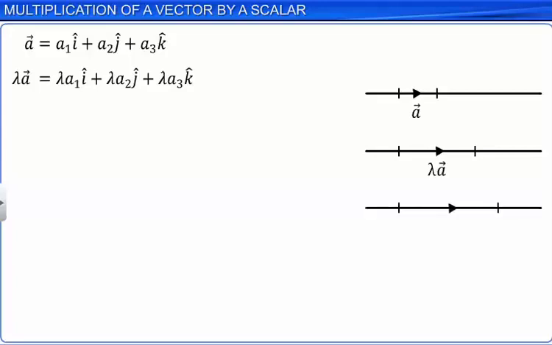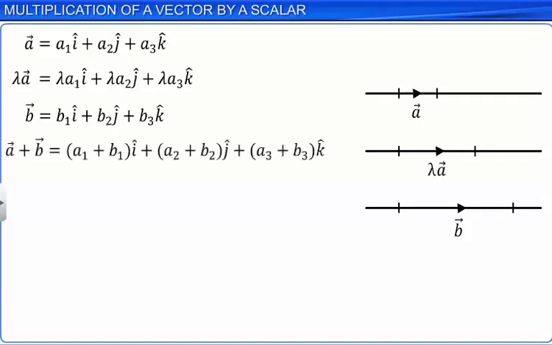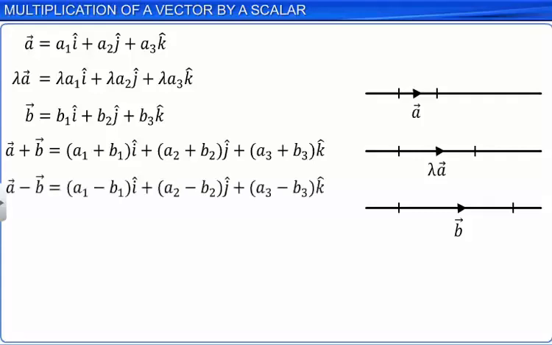Now let us learn about some interesting relationships between two vectors, A and B, given in their component forms. To find the sum of two vectors, add the corresponding scalar components, as shown here. To find the difference between two vectors, subtract the corresponding scalar components. Vectors A and B are equal if and only if their corresponding scalar components are equal.